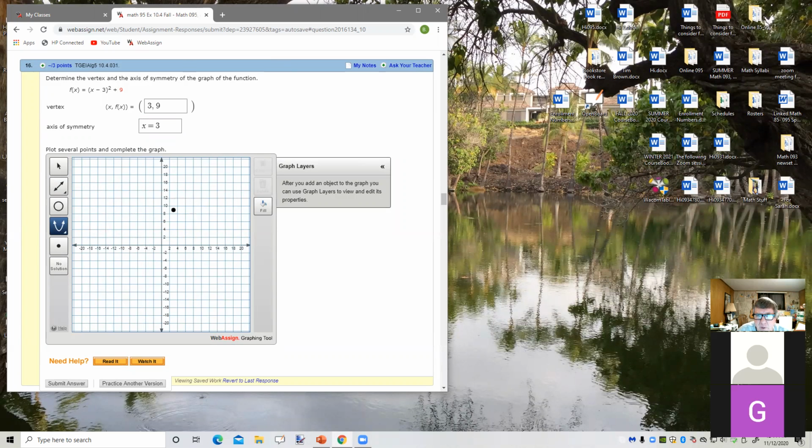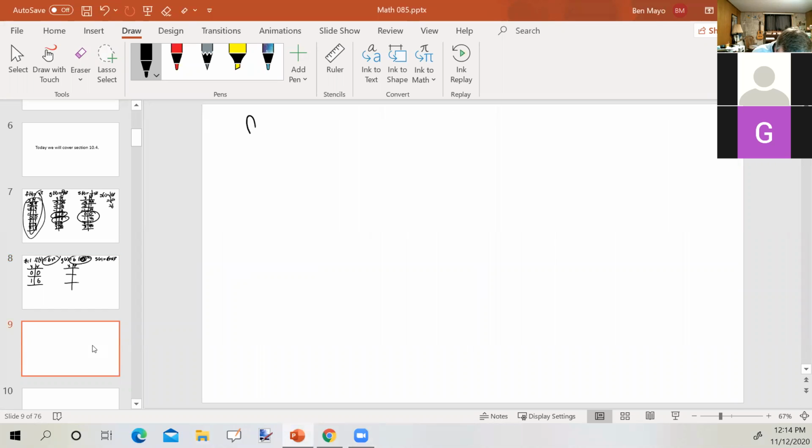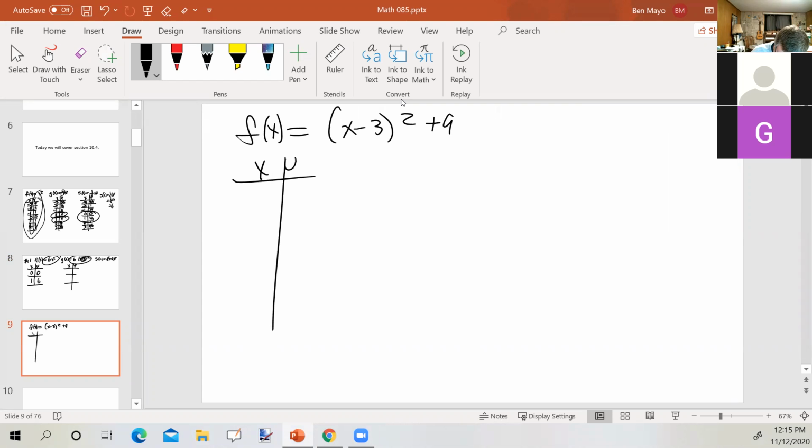But I need a second point. So let's go back to our screen where we can calculate stuff. And we've got f of x equals (x minus 3) squared plus 9. And our vertex was at (3, 9). So let's go 1 to the right or 1 to the left. Do you want to go to 2 or to 4? We can do 2.